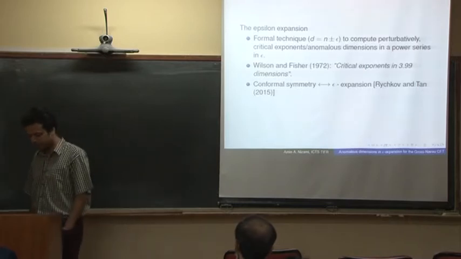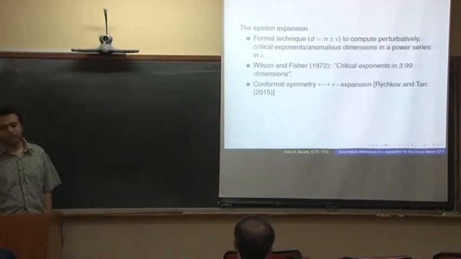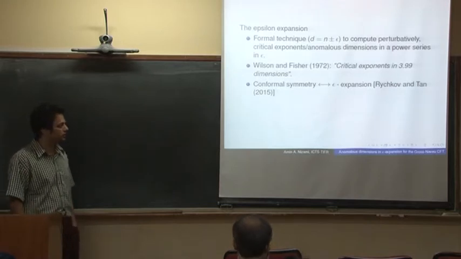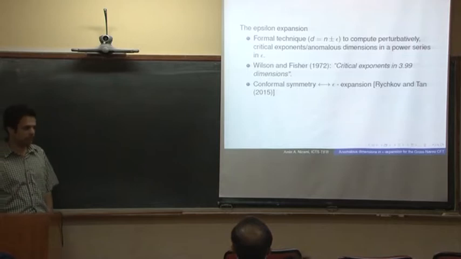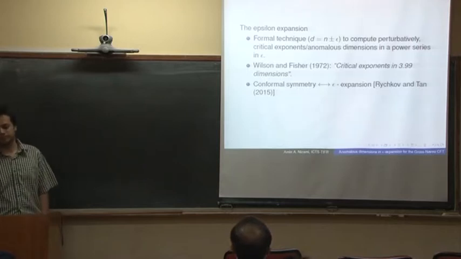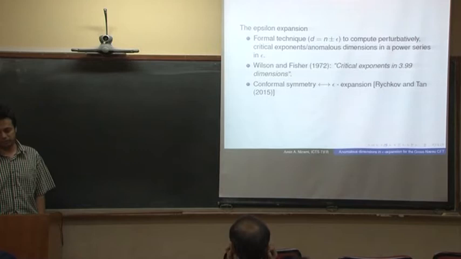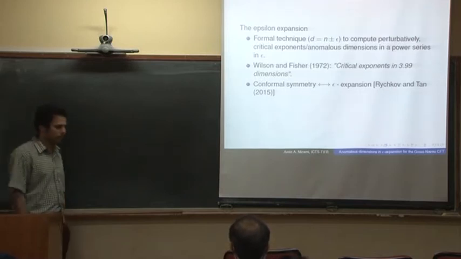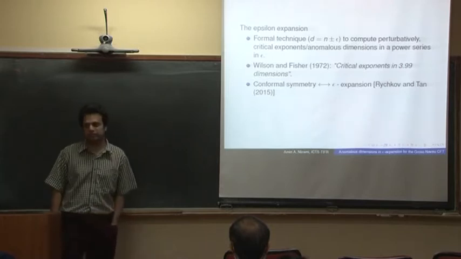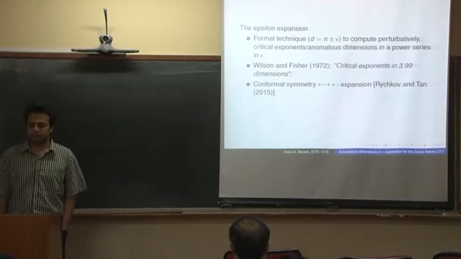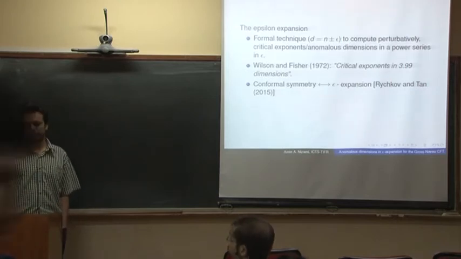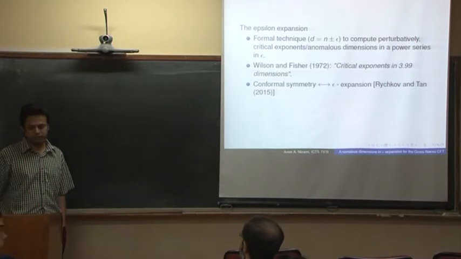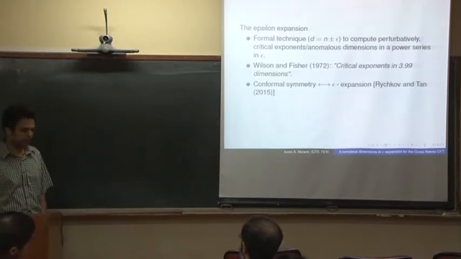So if you have conformal symmetry in a quantum field theory, as you also know, it has various additional properties which sometimes give you additional features. And of course, you can take the approach that you just use epsilon expansion as always, and you do conformal perturbation theory, which would be the same method, again applied to a conformal field theory.